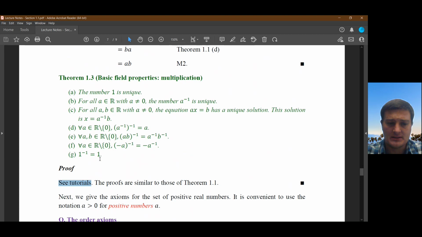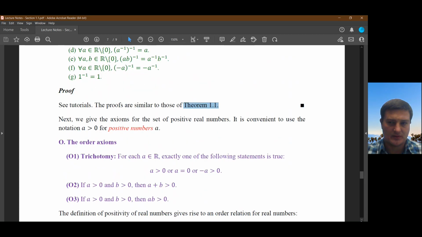Up to this point, you can only use theorem 1.1, theorem 1.2, the four axioms of addition, the four axioms of multiplication, and the distributive law axiom. If you get stuck, go look at theorem 1.1, because you will see these statements are proved very similarly. The only difference is making use of the multiplication axioms.